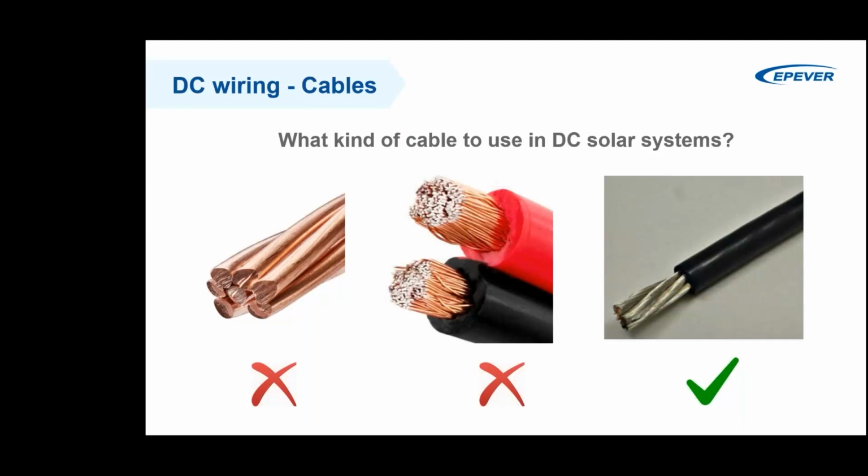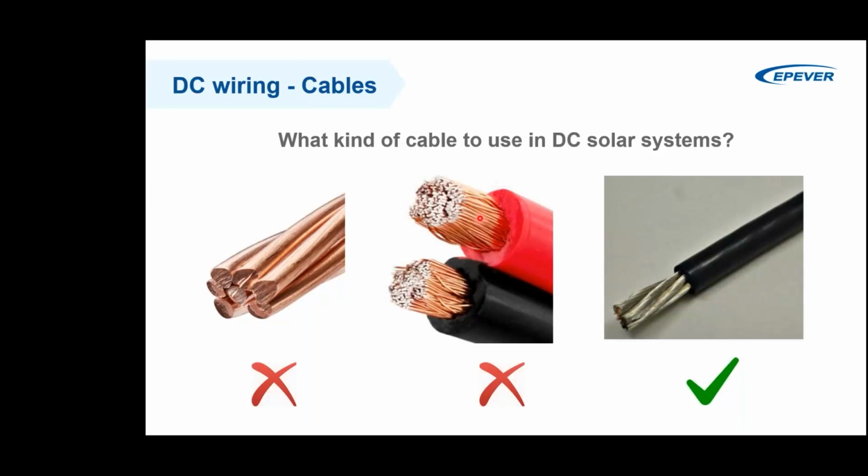And of course, this is not the only problem with these kinds of cables. Over time, due to the different levels of contraction between the copper and aluminum, because you are going to use lugs here, right? The lugs are normally copper, and they will have different contraction levels, and this will lead to the cable strands being cut over time, an increase of the resistance and an increase of the temperature in the joints.